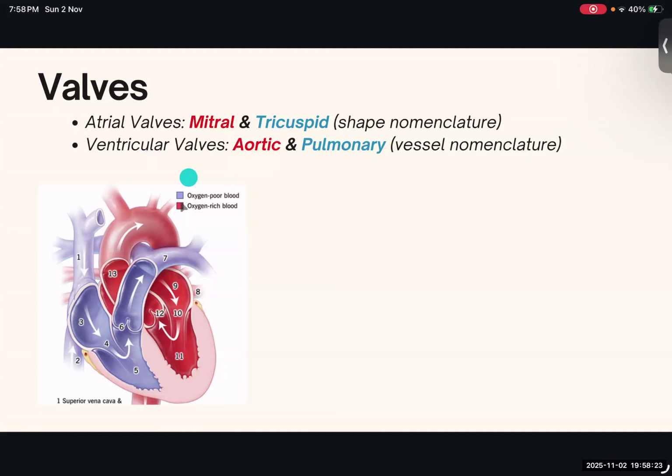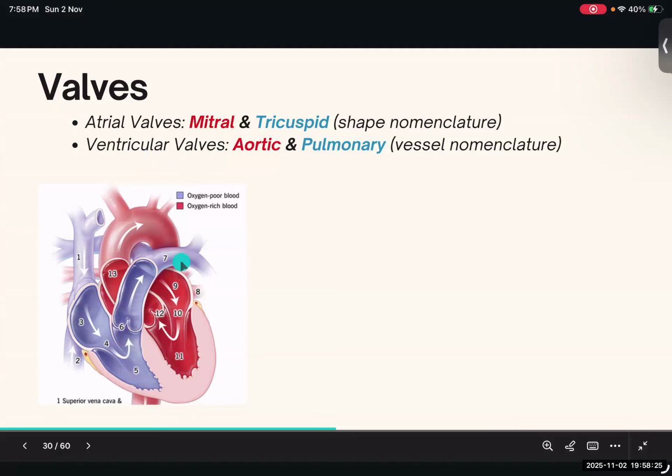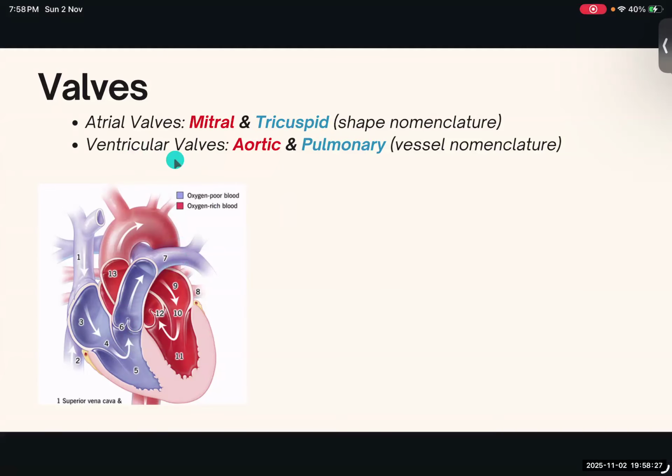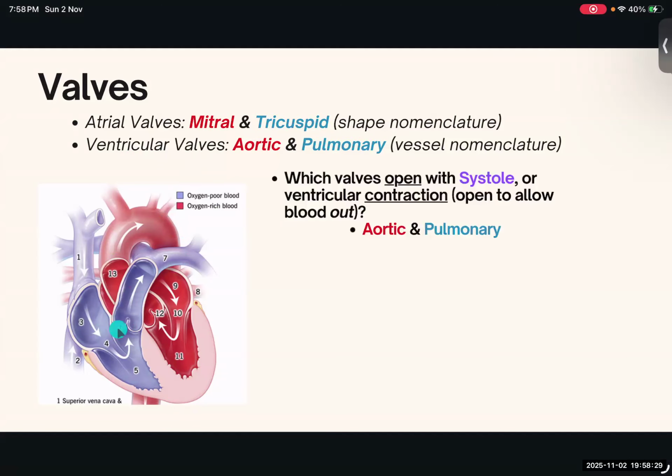The ventricular valves are going to be between the ventricle and the vessel. The atrial valves are between the atria and the ventricle. So which valves open with systole or ventricular contraction to allow the blood out? They're going to be the aortic and the pulmonary. The way I remember it is that we're pushing blood through these valves, through these arteries, so they're going to be the ones named after the arteries.